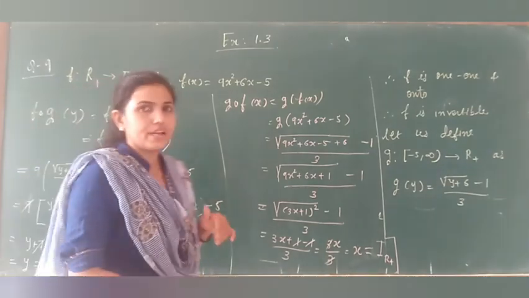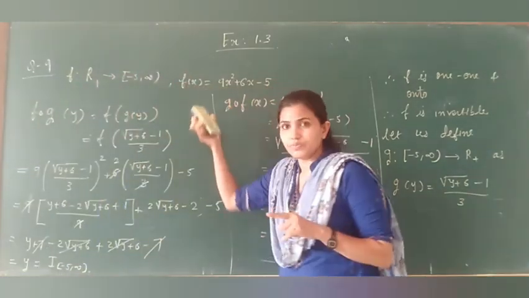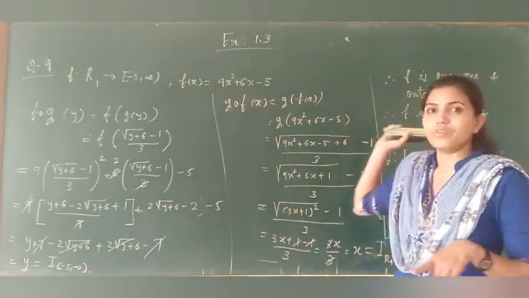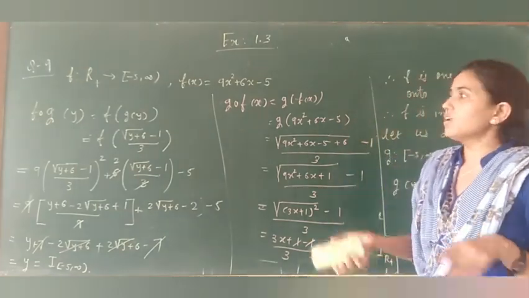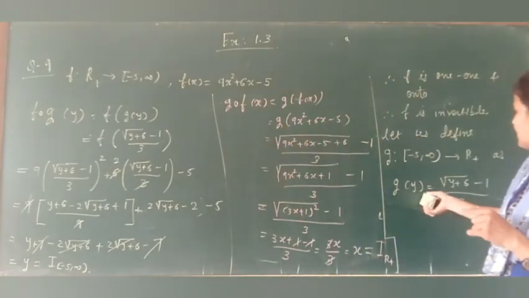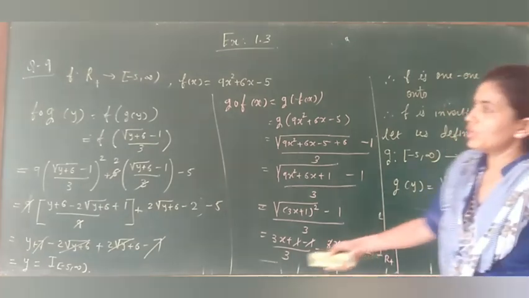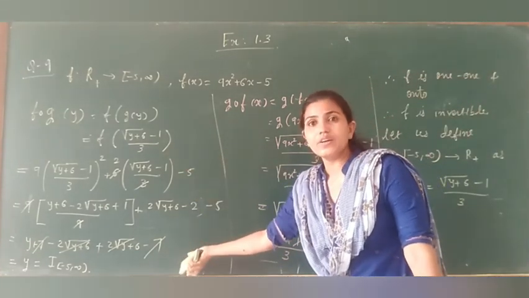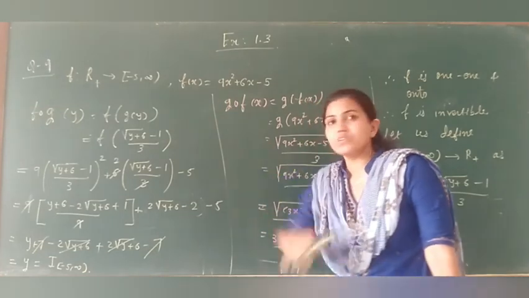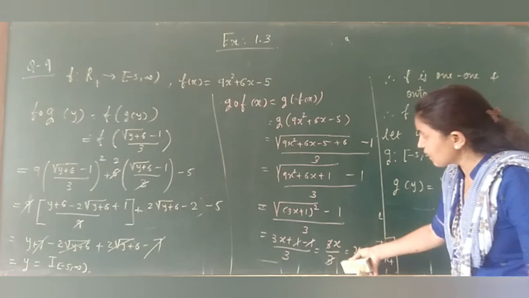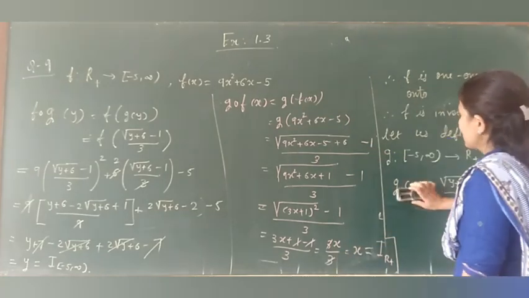First we have shown that our function f is one-one. Next we have shown that f is onto. Then we defined a function g like this, and then we showed f composition of g is identity on y, that is minus 5 to infinity, and g composition of f is identity on x, that is R plus.